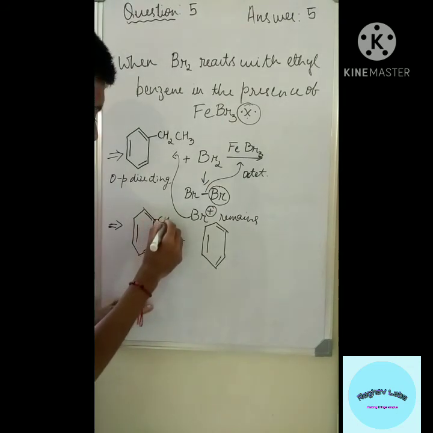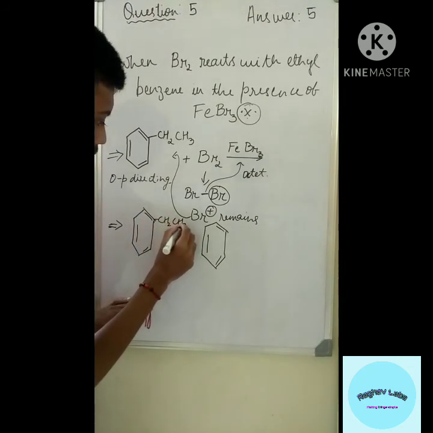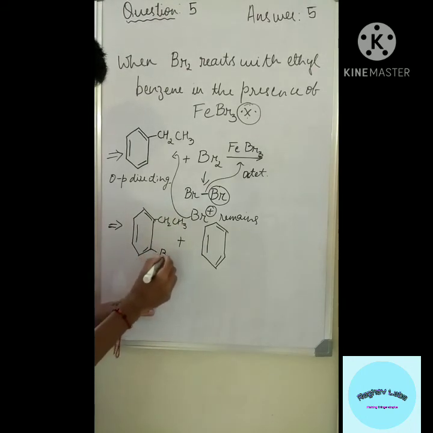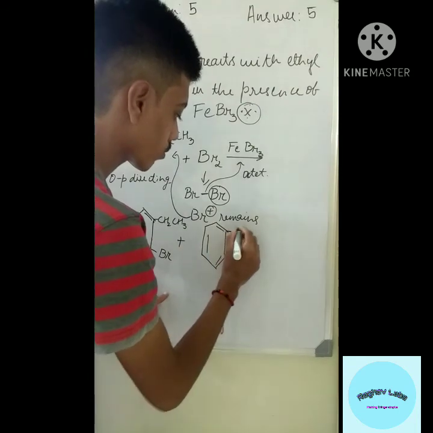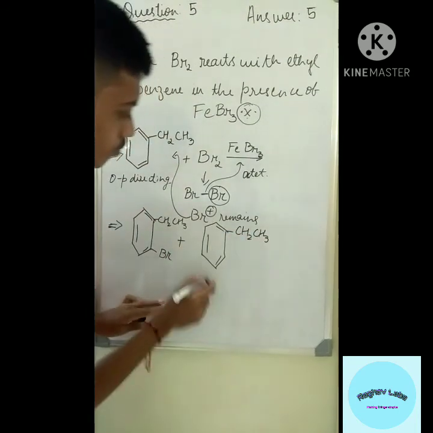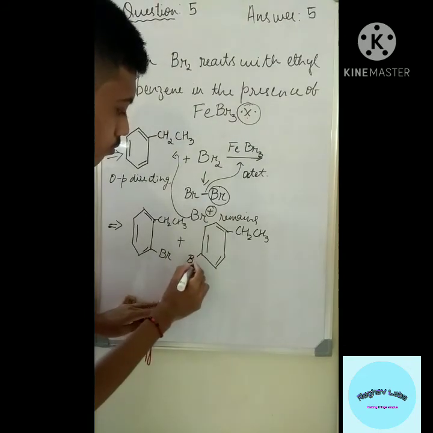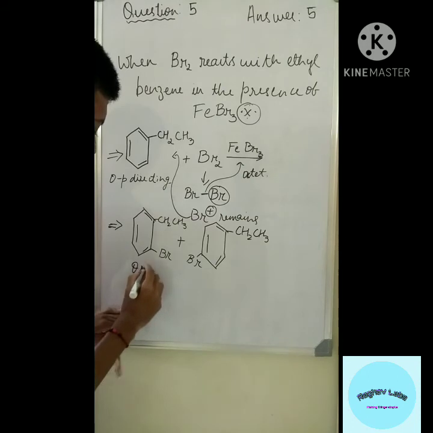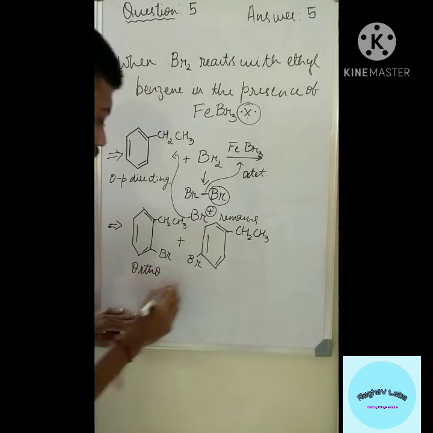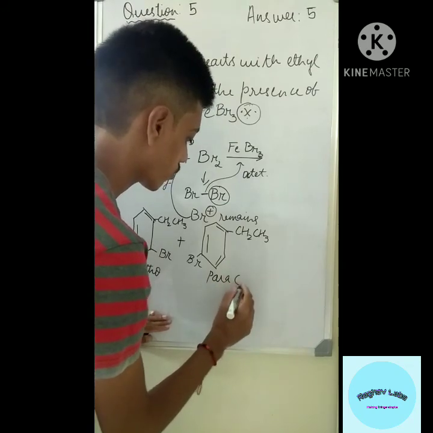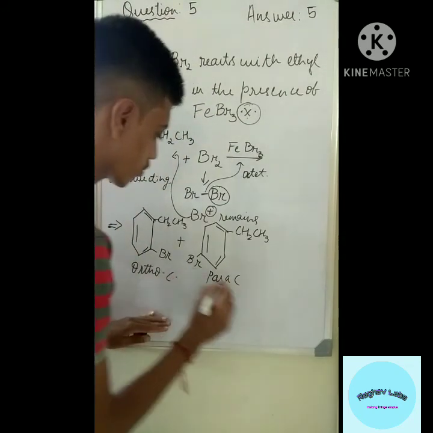CH2CH3 attached to this again, and bromine gets attached to the ortho position. Let's take the ortho place first. CH2CH3 again, and let's attach it to the para position, right? So this is the ortho compound, and this is the para compound.